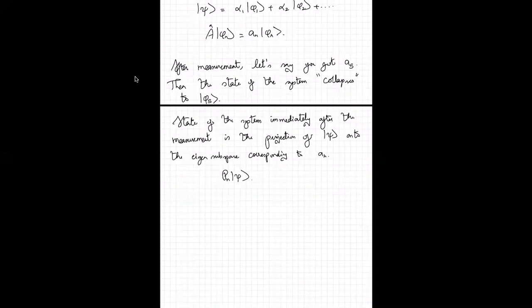Okay, if this state is not normalized, you have to normalize it properly. If you normalize it, then you get the state Pn psi divided by the length of this vector Pn psi, which can also be written as per yesterday's lecture as the square root of the inner product of psi with Pn psi, where Pn is the projection operator.